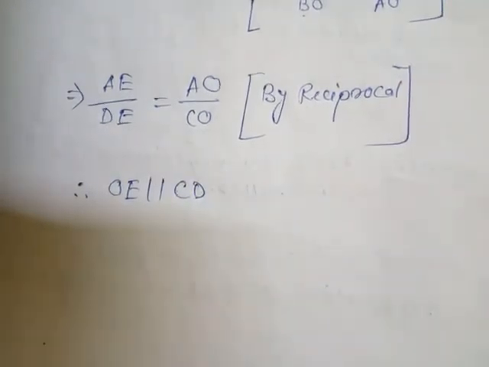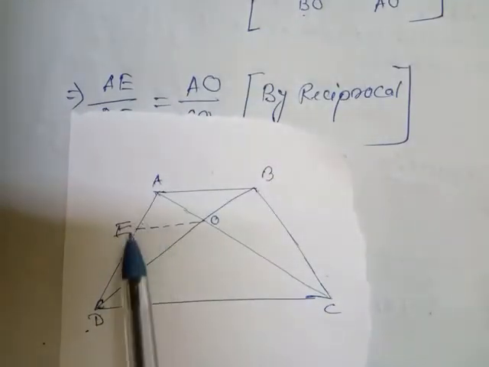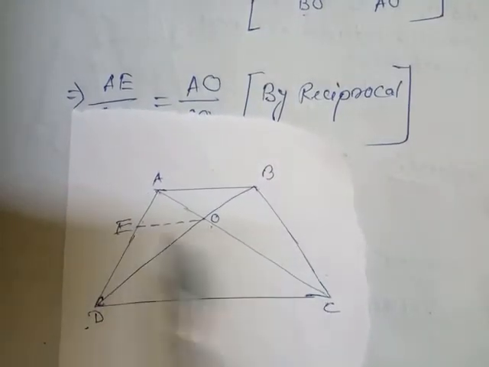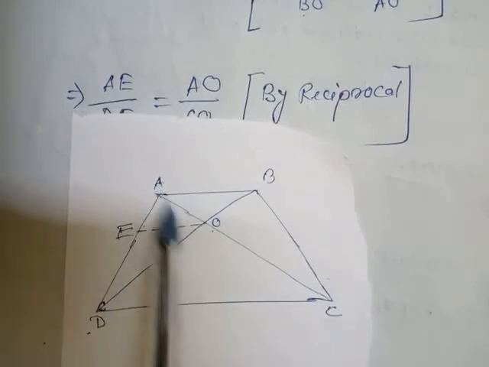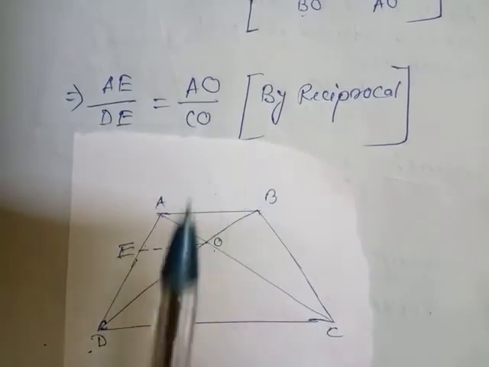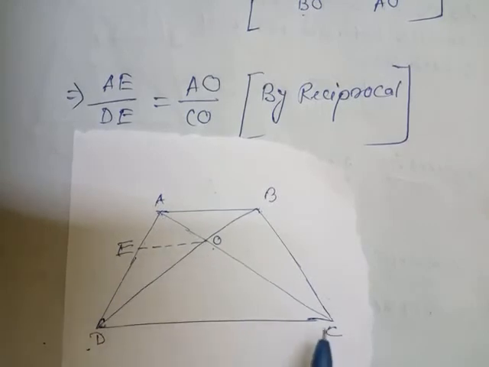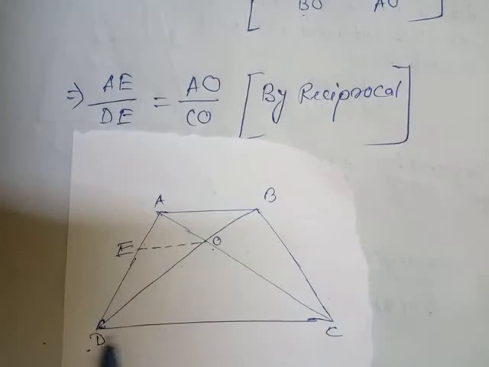One more thing, students, look in the diagram. AE by ED and AO by OC are part of triangle ADC, and OE parallel to CD is also in triangle ADC.